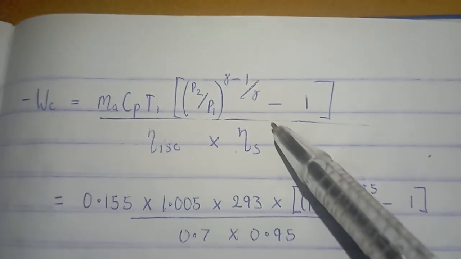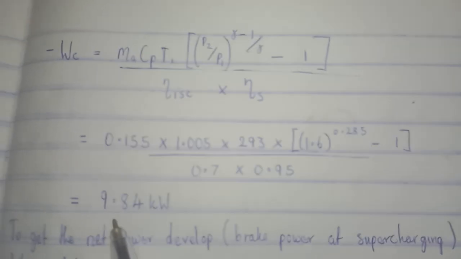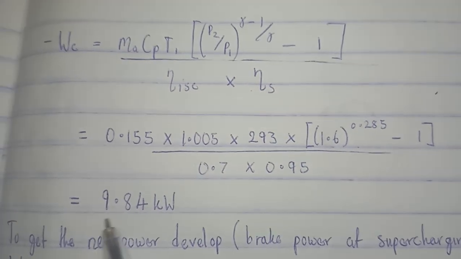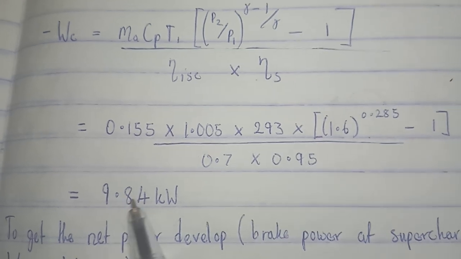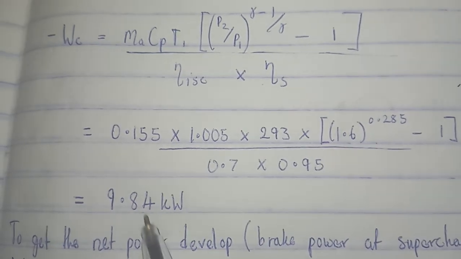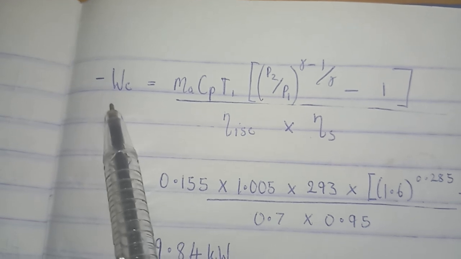So we put all our parameters inside. When we solve, we're going to get our power input into the supercharger, which is 9.84 kilowatts, and this is a loss. You can see the minus here, the minus in the compressor, to show that this is a loss.